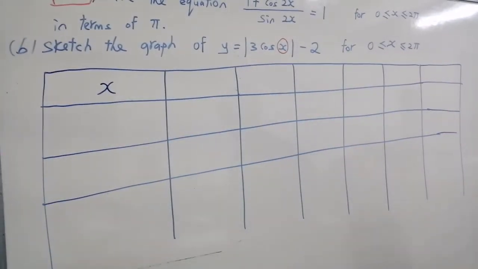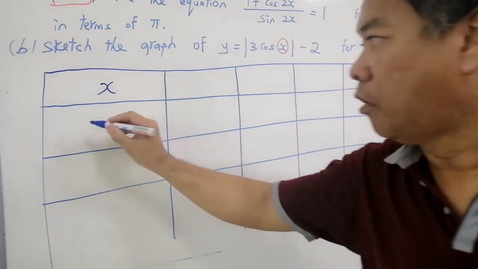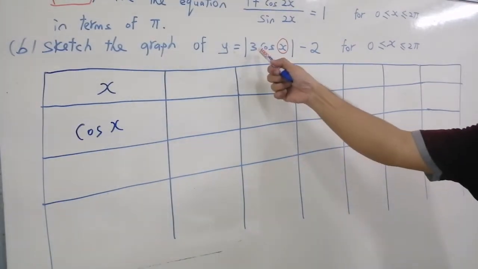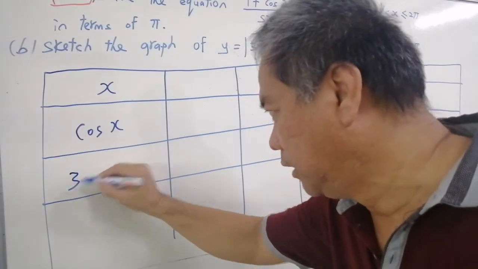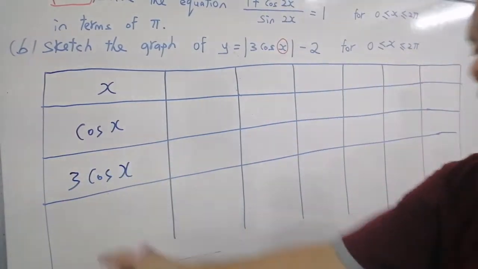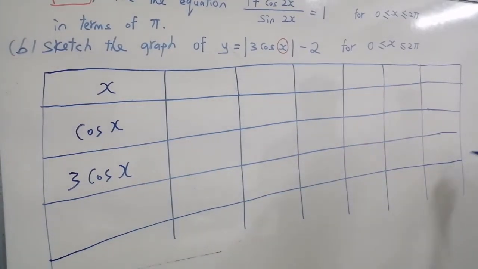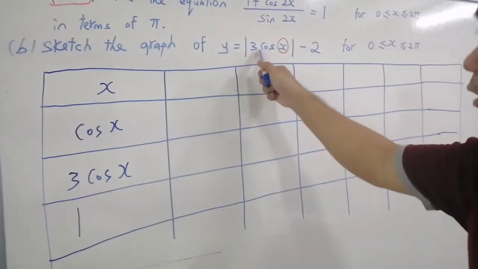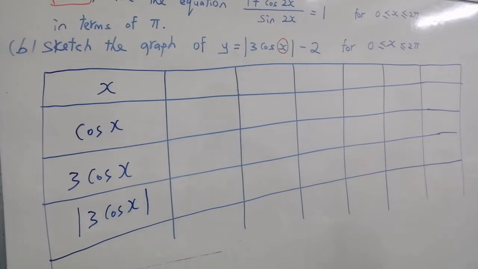After we start with x, the second one is cos x now. Drop down, cos x. Later on, you can see 3 cos x. All this is a title consider. 3 cos x, not enough. Need to draw one more like here. Now it's modulus 3 cos x.